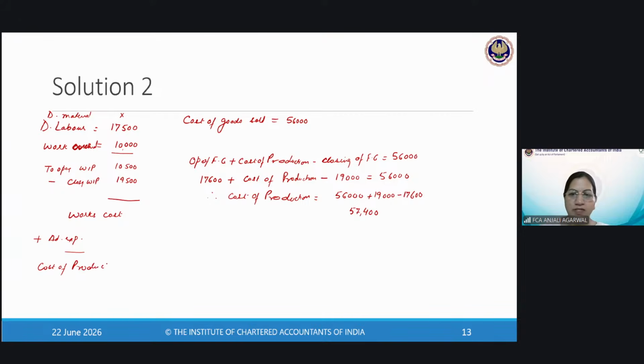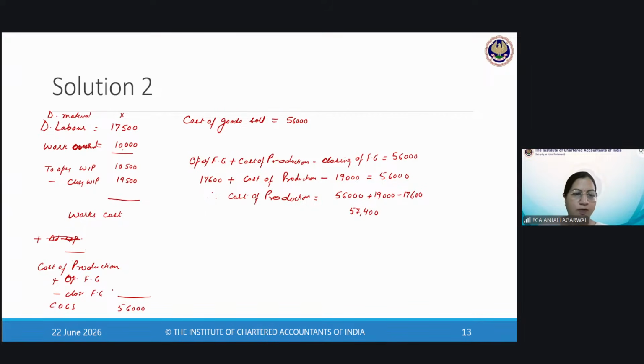However, in this question, it is very explicitly said that cost of goods sold, without administration expenses, is 56,000. So far we have not taken administration expenses, so we will ignore this. When you add opening stock of finished goods and subtract closing stock of finished goods, you get cost of goods sold. This figure was 56,000.